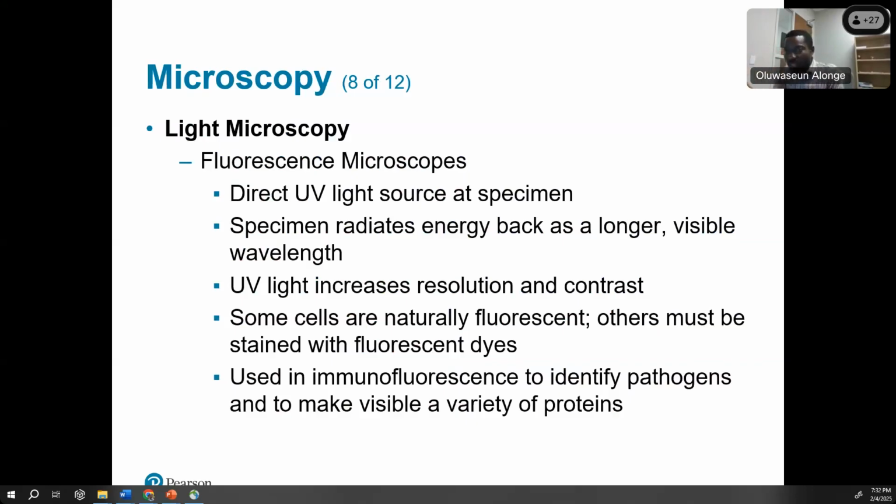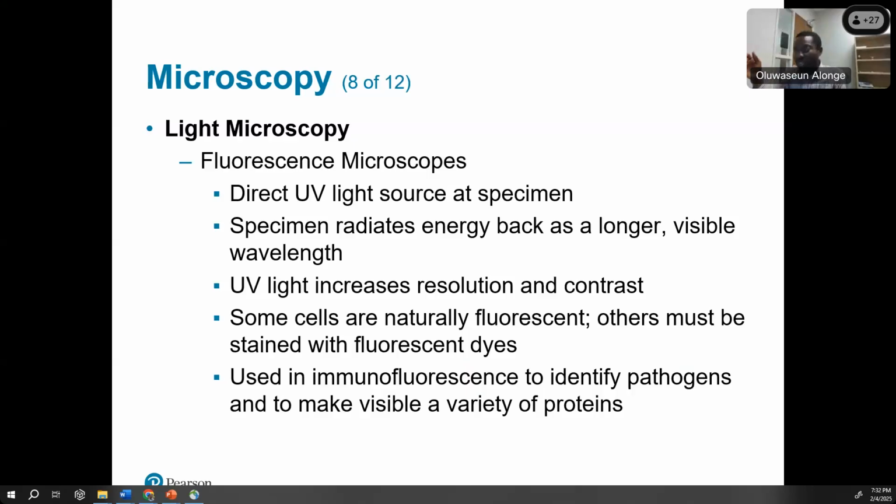This is also a light microscope. It uses direct ultraviolet rays on the specimen, and the specimen will radiate light as though it's sparkling. In the long run, the image is going to have quite good resolution, and good contrast because of the fluorescent light.